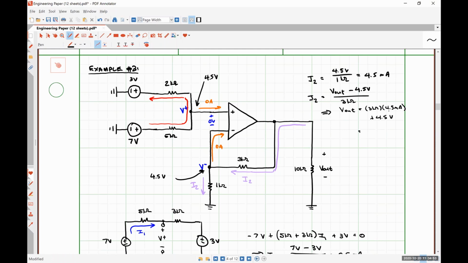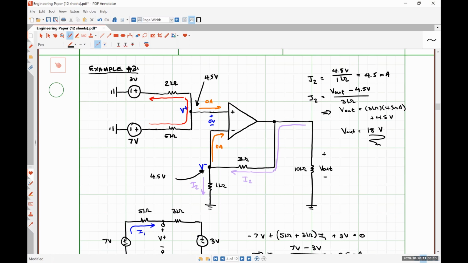So 3 times 4.5 is 13.5, plus another 4.5 is, I believe, V out is equal to 18 volts.